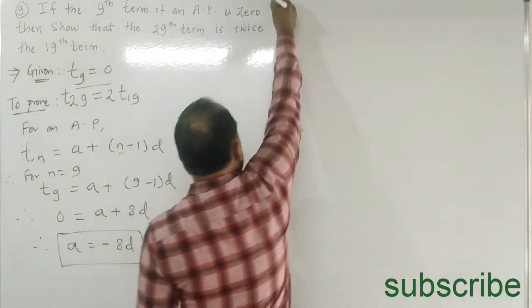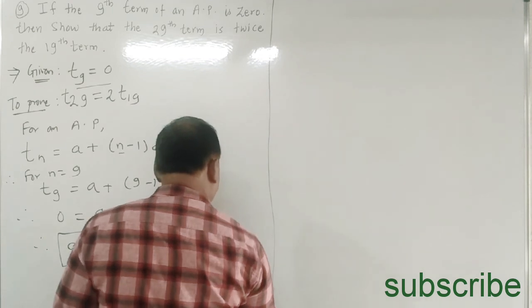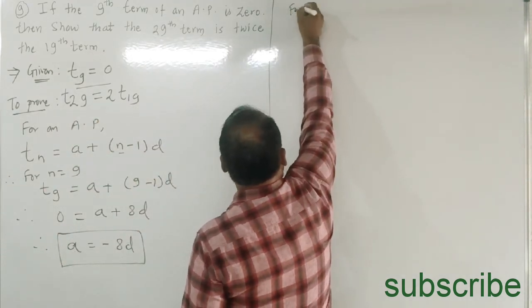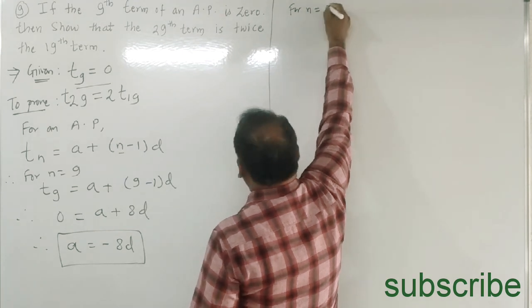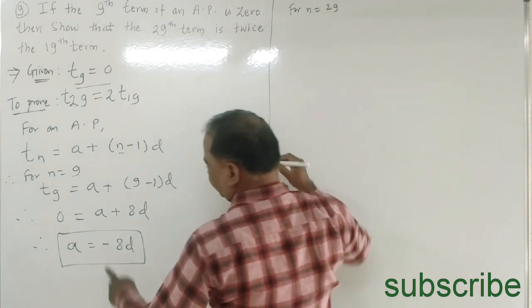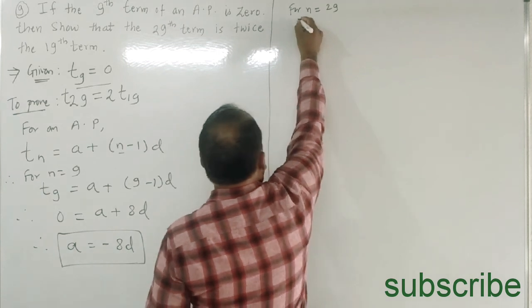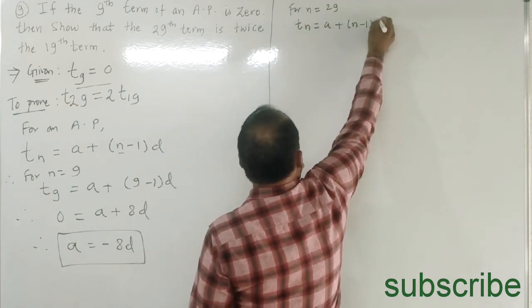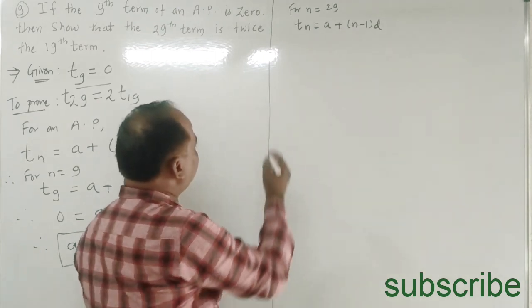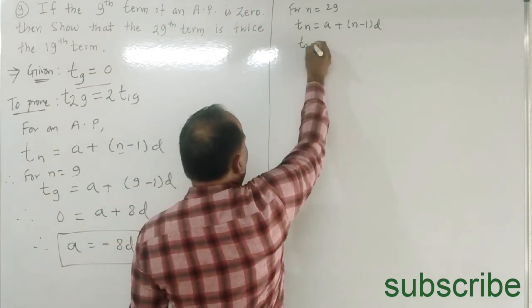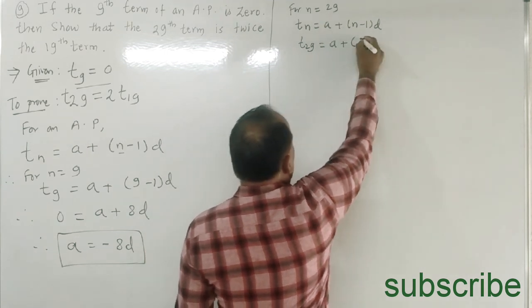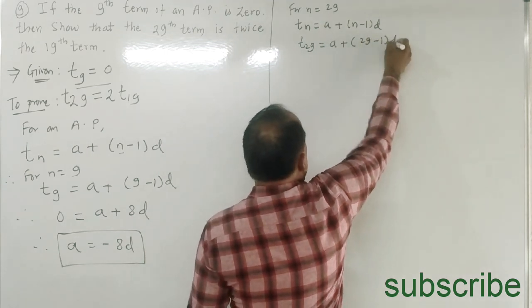Now, for n is equal to 29, Tn is equal to a plus n minus 1 into d. So put n is equal to 29. T29 is equal to a plus 29 minus 1 into d.